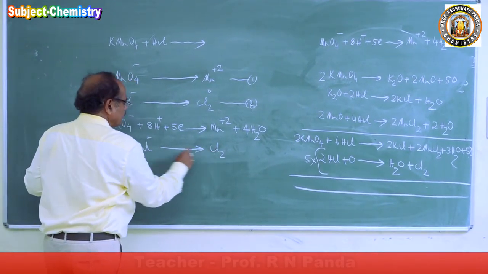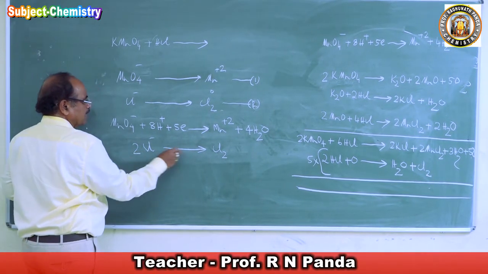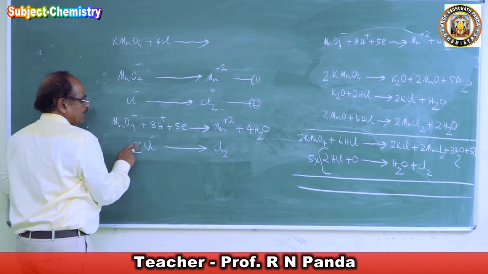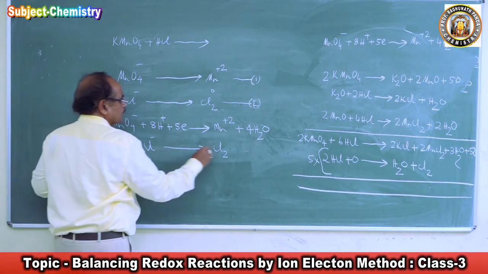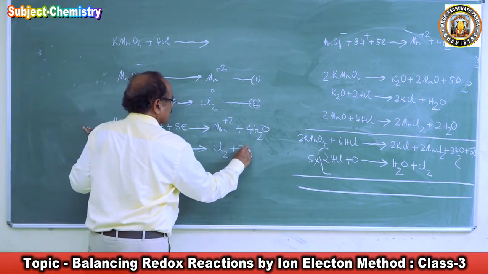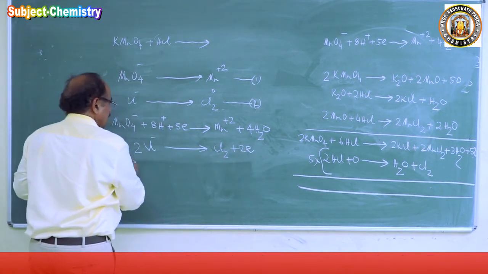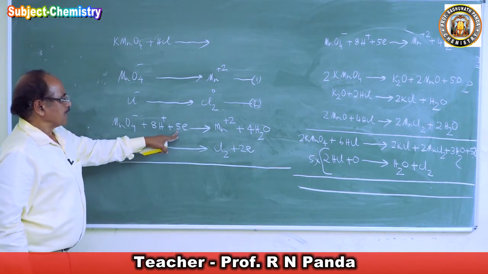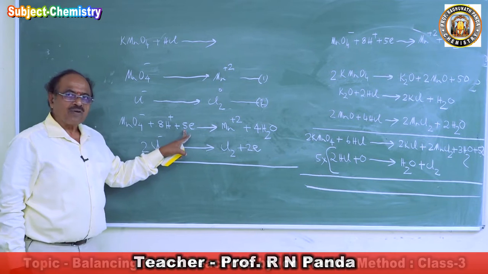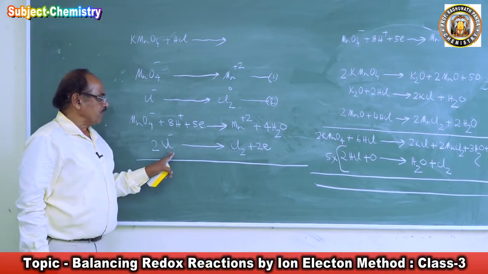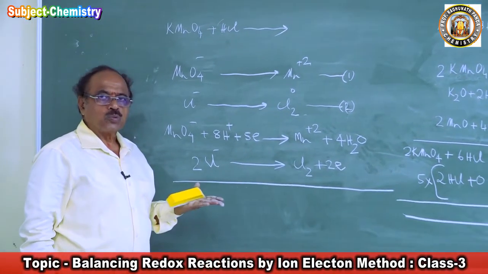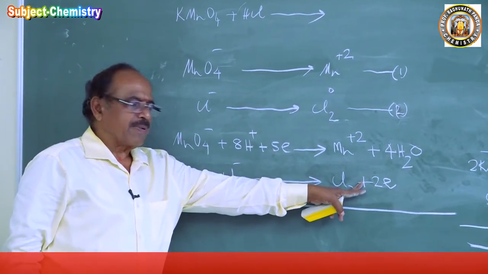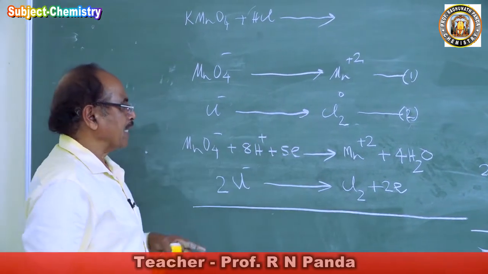Balance the atoms: 2 Cl minus forming Cl2. How many charges on the left side? 2 charges. So we'll add 2 electrons on this side. In the oxidizing agent the electrons involved are 5, and in the reducing agent the electrons involved are 2.